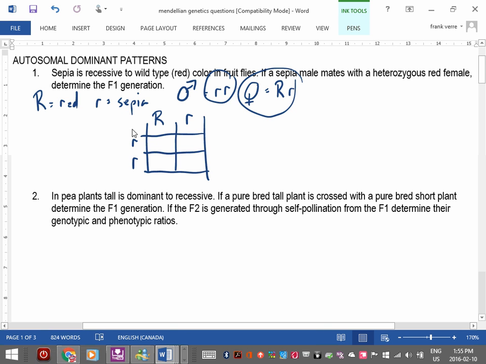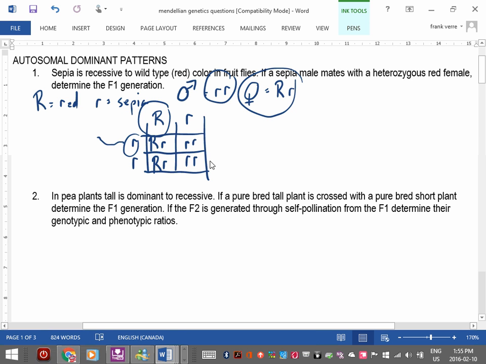So this is an egg cell, this is a sperm cell, this would be a zygote. This zygote would be big R with a little r. This zygote over here would be a big R with a little r. These two would be little r with little r.